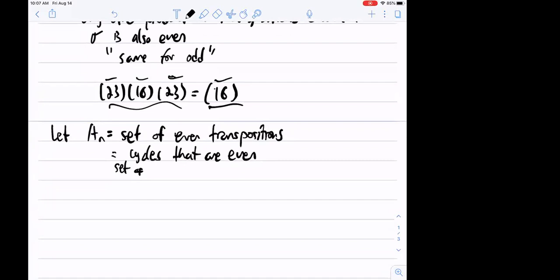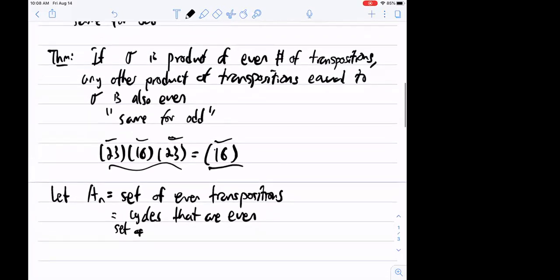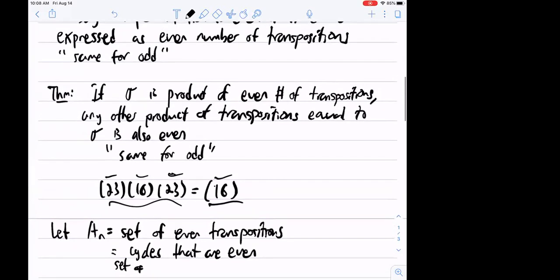Sorry to interrupt. Could you explain why we eliminate the (2 3) there? I mean this permutation, (2 3) times (1 6) times (2 3). Why don't we write (2 3) there?